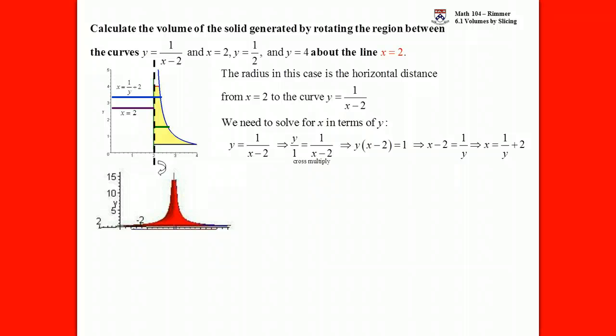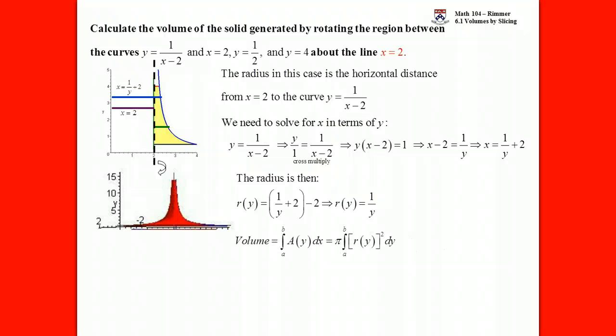And so we have the distance x, 1 over y plus 2, minus the distance 2. We end up with 1 over y. It's our job to integrate 1 over y squared. Don't think of that as being a log. Sorry, ignore me. It's not a log.